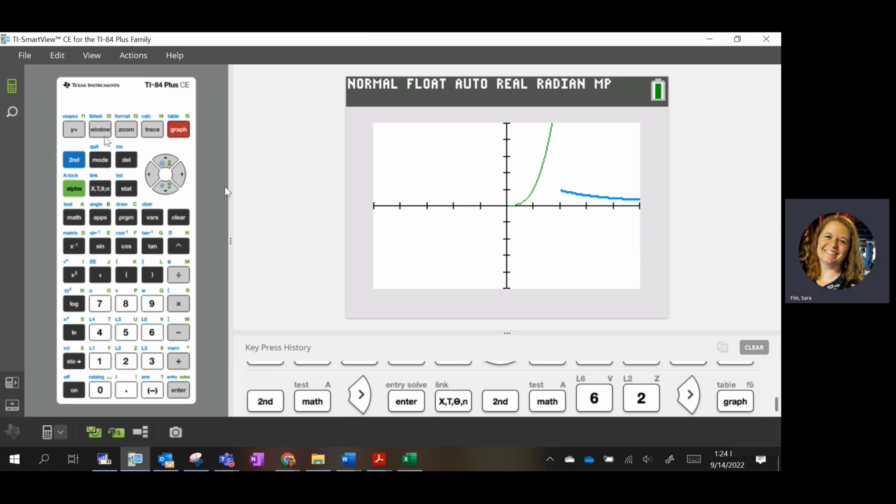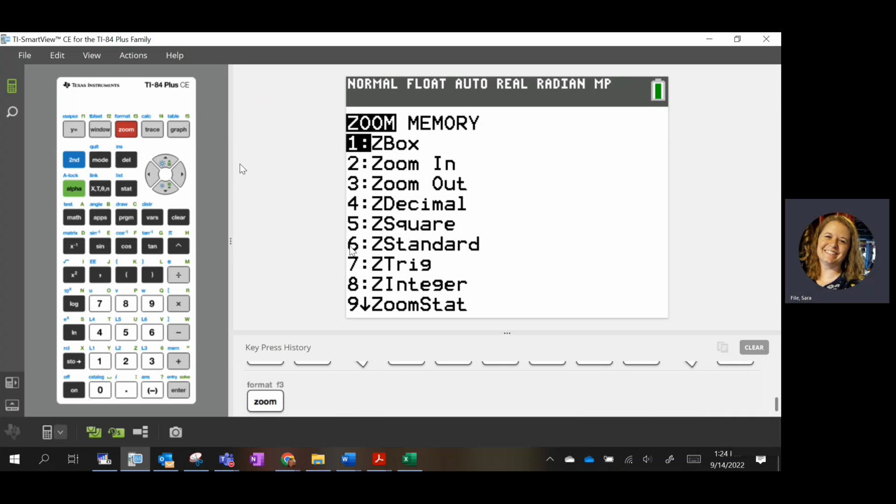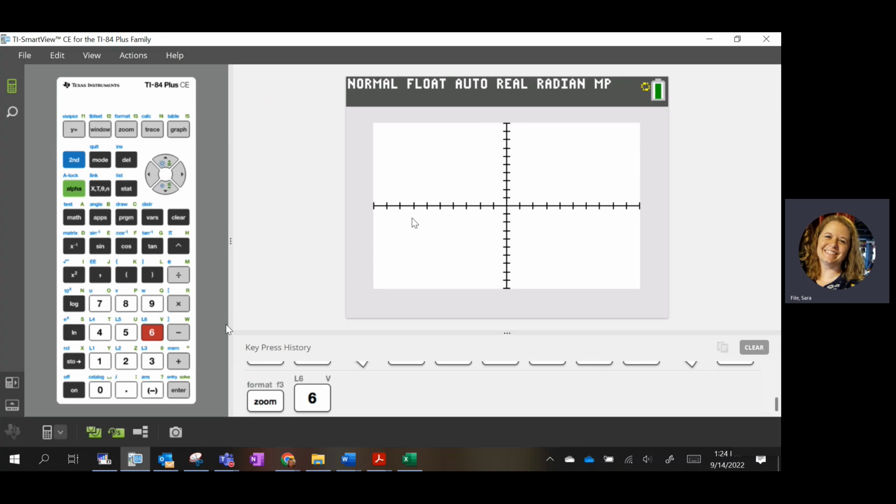You can go to window and individually type in your maximums and minimums, but there's a quick way to go back to that -10 to +10. Does anybody remember it? It's zoom, this middle button at the top, zoom 6. See, the 6th one says standard. So hit zoom 6 and it will take you back to the -10 to +10 on your X and Y. So now we can see all 3 of those pieces.